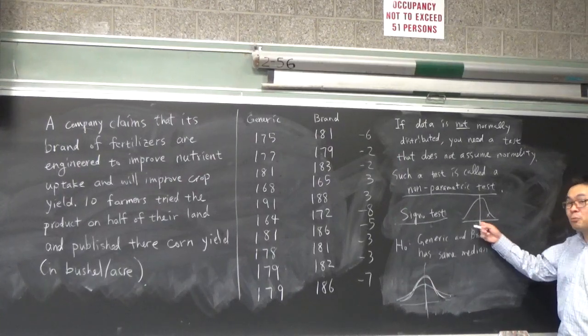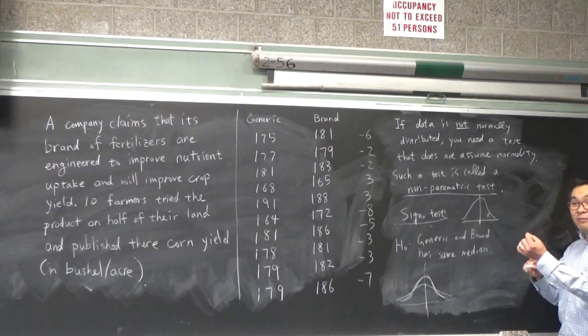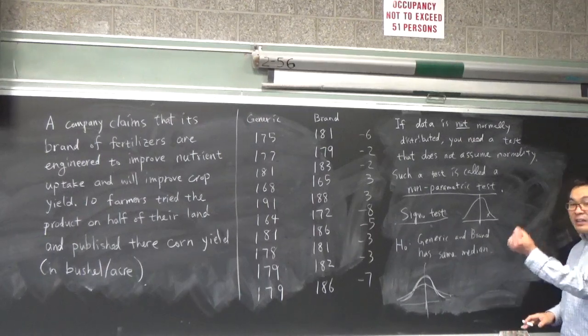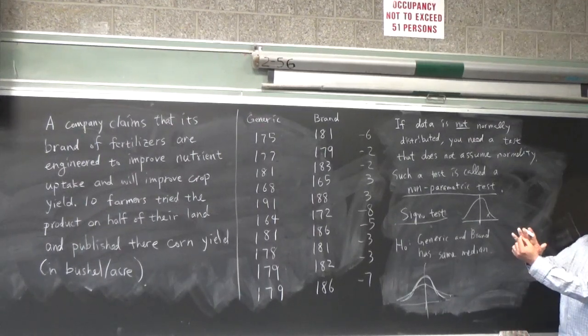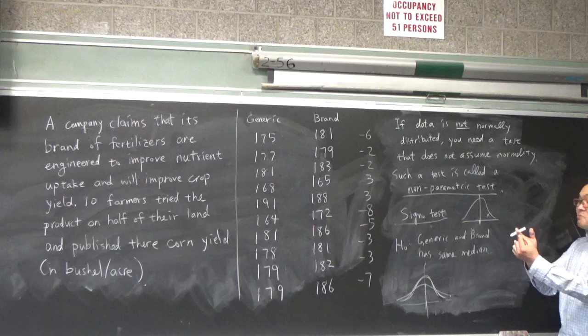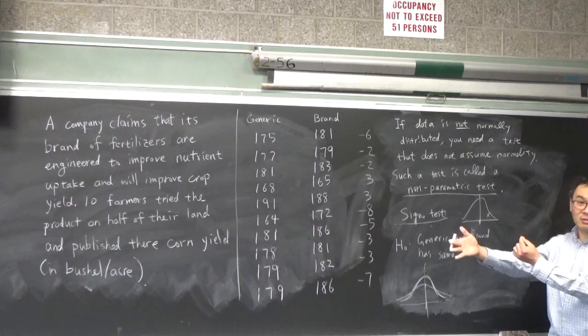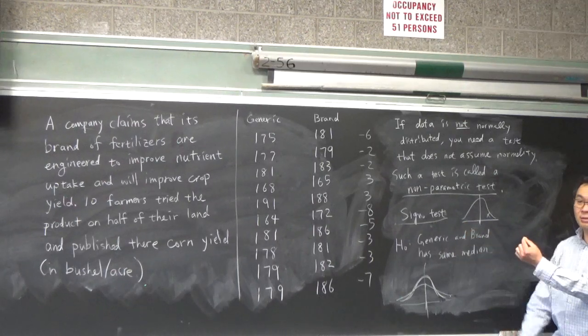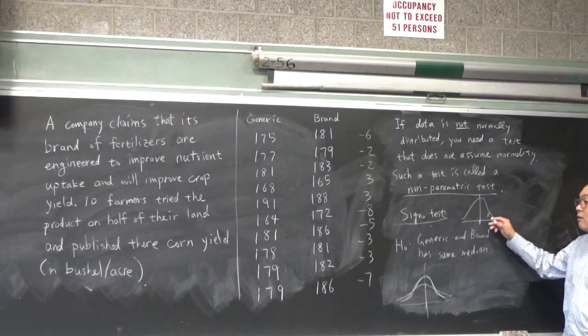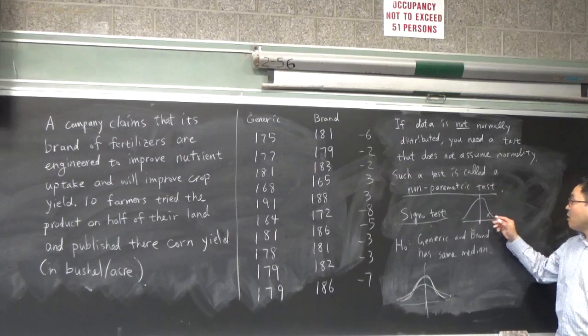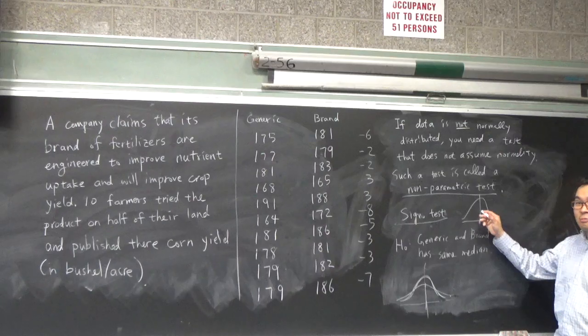Median is the point where it's exactly the half, right? If you find the median, 50% of the data is above the median, 50% of the data is below the median. Is that right? So you have 50% chance that it's above the median, 50% chance that it's below the median.